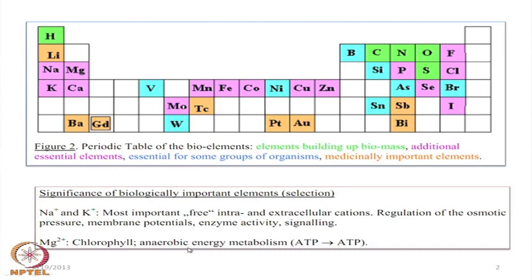It is also utilized for anaerobic energy metabolism when oxygen is not required, and we can go from ATP to ADP, adenosine triphosphate to adenosine diphosphate. That means one inorganic phosphate group is being released, and that can be converted for energy transduction.